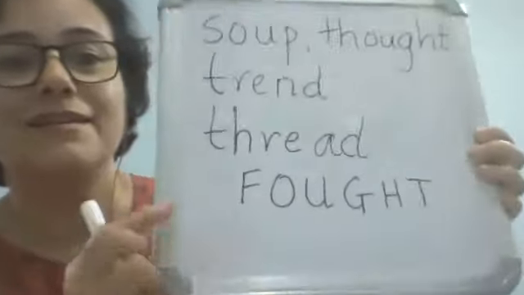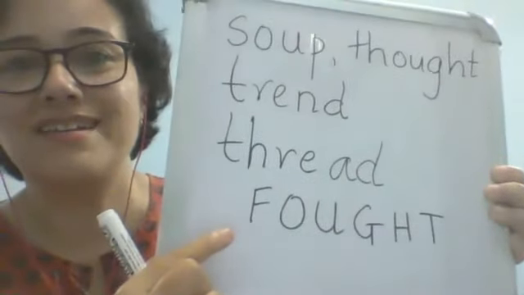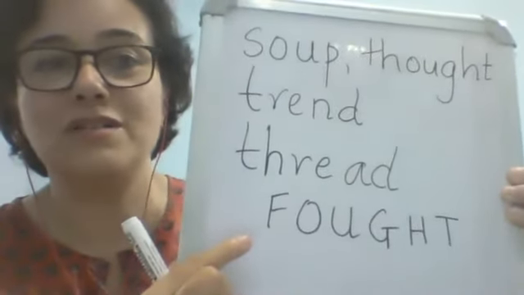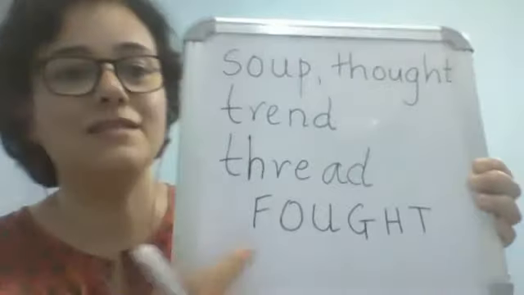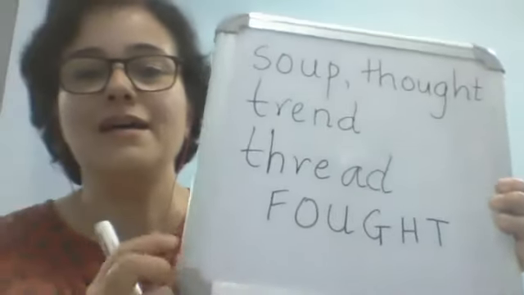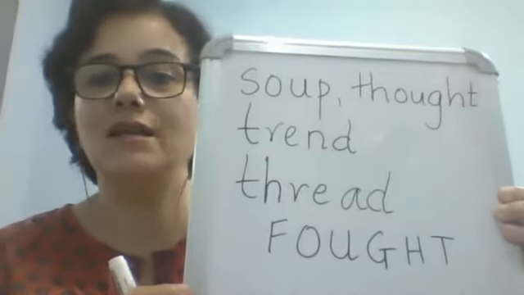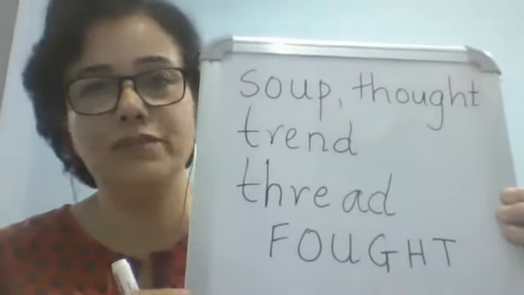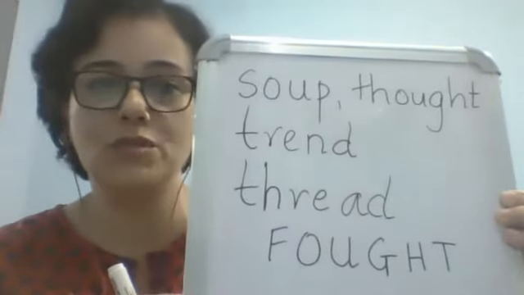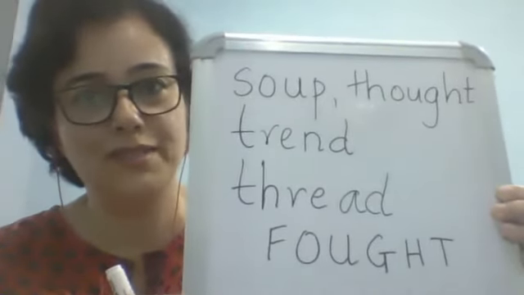What's the word? Let's see if you thought of the word. Fought. The word is fought. See, fought has O and U in it, and fought means to take part in a violent struggle involving the exchange of physical blows or the use of weapons.